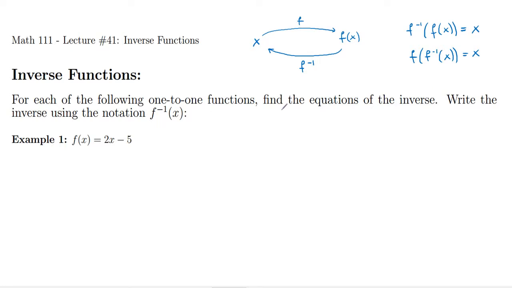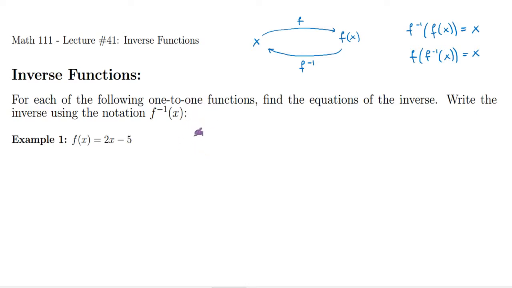It might be less confusing if I used a different letter, like a y, but that letter choice is arbitrary. So this is also a valid equation that f and f inverse must satisfy. Again, this is one of the key features of why you would want a one-to-one function: it's where an inverse function exists.